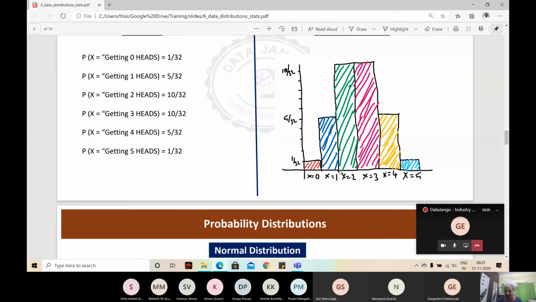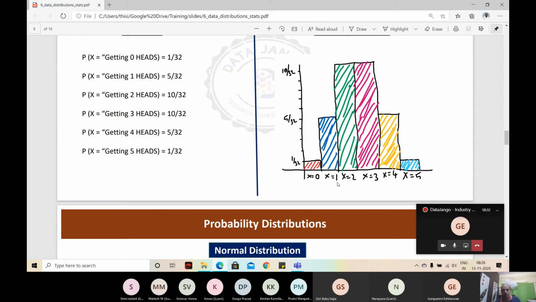But you did that experiment many times. You throw 5 times, collect the data, again throw 5 times, collect data. Maybe you did it 100 times. Then out of 100 times, 10 times this will happen, 5 times this will happen, 1 time this will happen, like that.